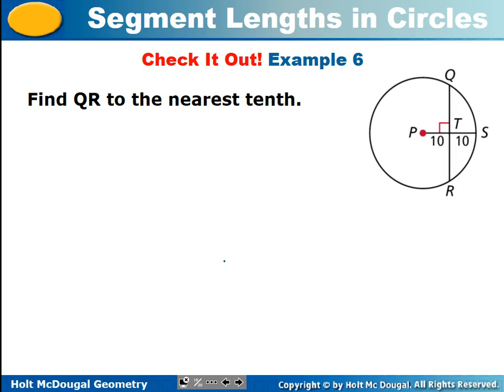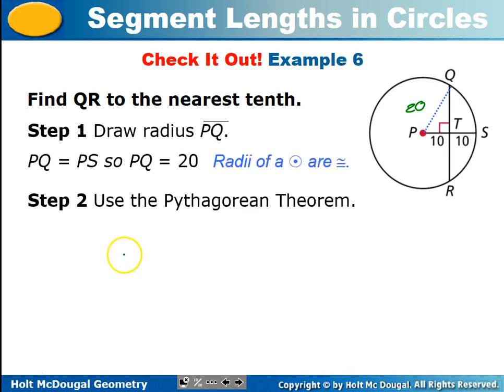So finding QR, here again, we're finding the length of the whole chord. Once again, we're going to draw another radius from P to Q. Notice again that we have PS, which is 20, which means that PQ is 20. So we can, once again, use the Pythagorean theorem to solve for our missing parts.